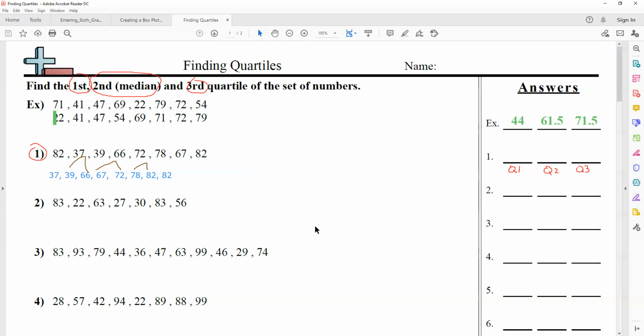You can try that. Are you doing Q2? Oh, 22, 27, 83. Wait, but you didn't rearrange them. You're supposed to rearrange them. Did you do that? No, you gotta do that first. Remember, you gotta go from smallest to the largest.